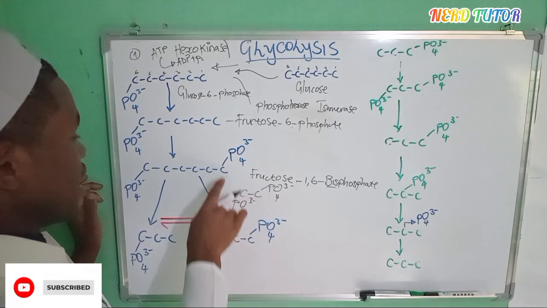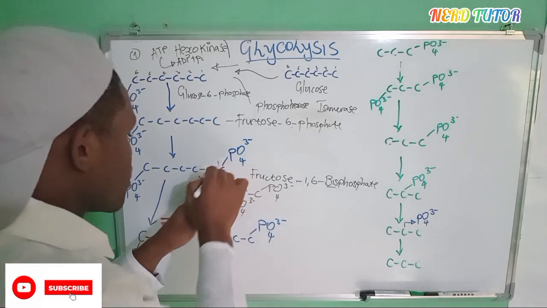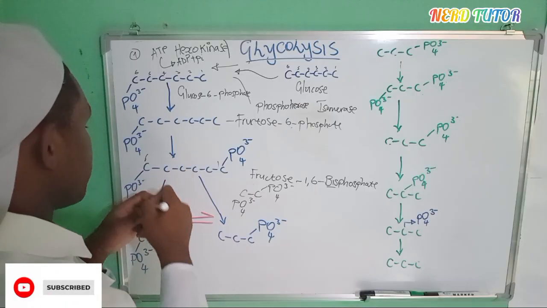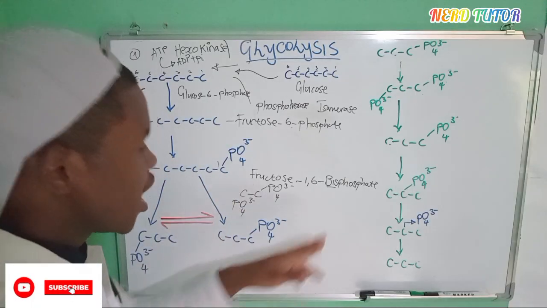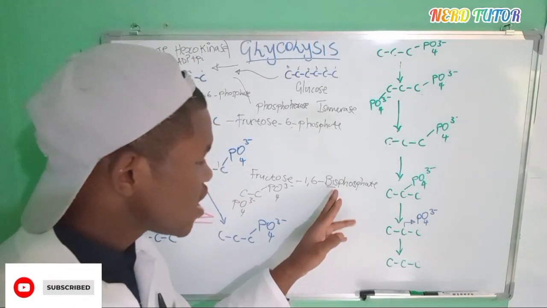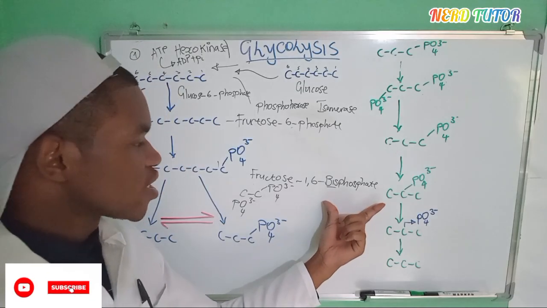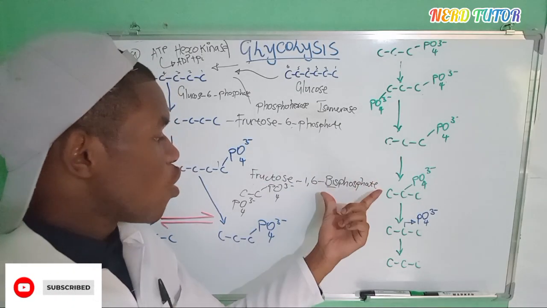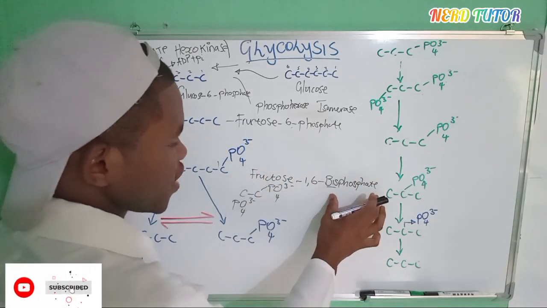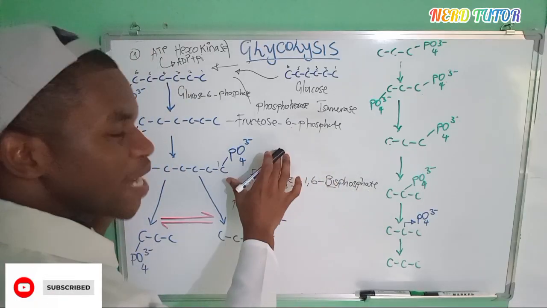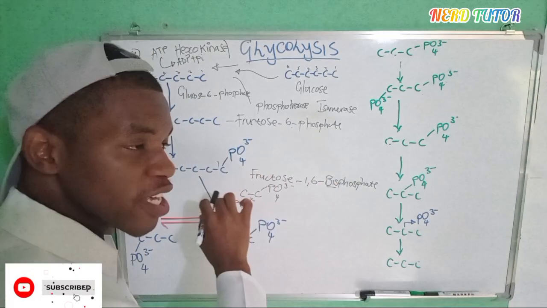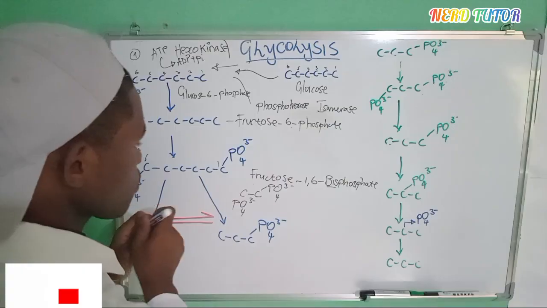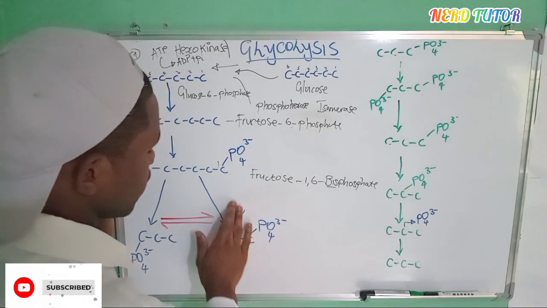Because this one is attached to carbon number 1 and this one to carbon number 6, there's a big gap here. No wonder we are saying bisphosphate. Whenever you see a bisphosphate, just know that we have two groups of phosphate, but apart. They are attached to the same molecule, but at a different location of bond.